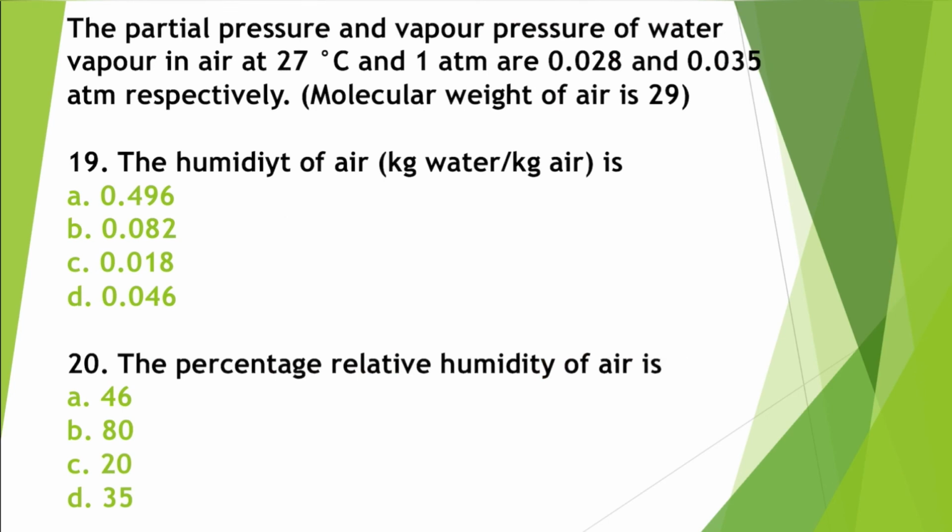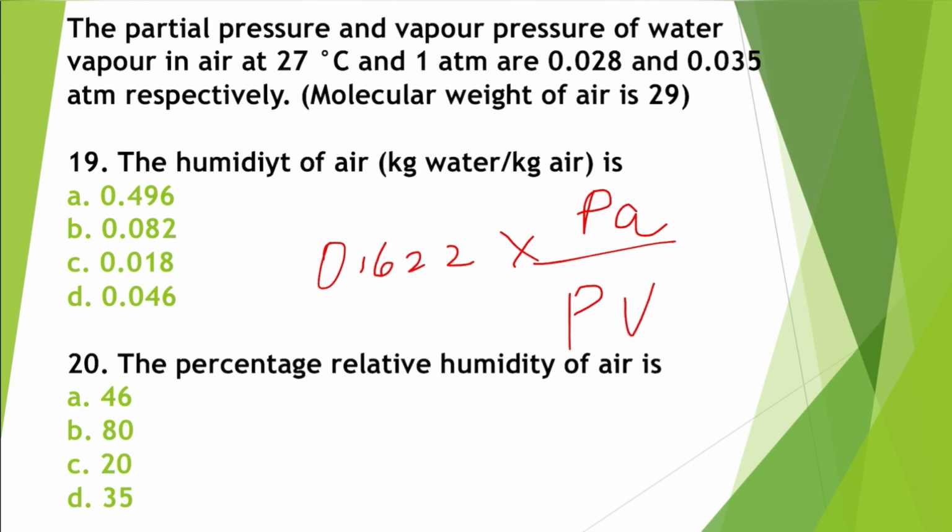Next, here is the common data question. The partial pressure and vapor pressure of water vapor in air at 27 degrees Celsius and 1 ATM are 0.028 and 0.035 ATM respectively. So the humidity of air is, to calculate the humidity, there is a formula, 0.622 into partial pressure A upon PV.